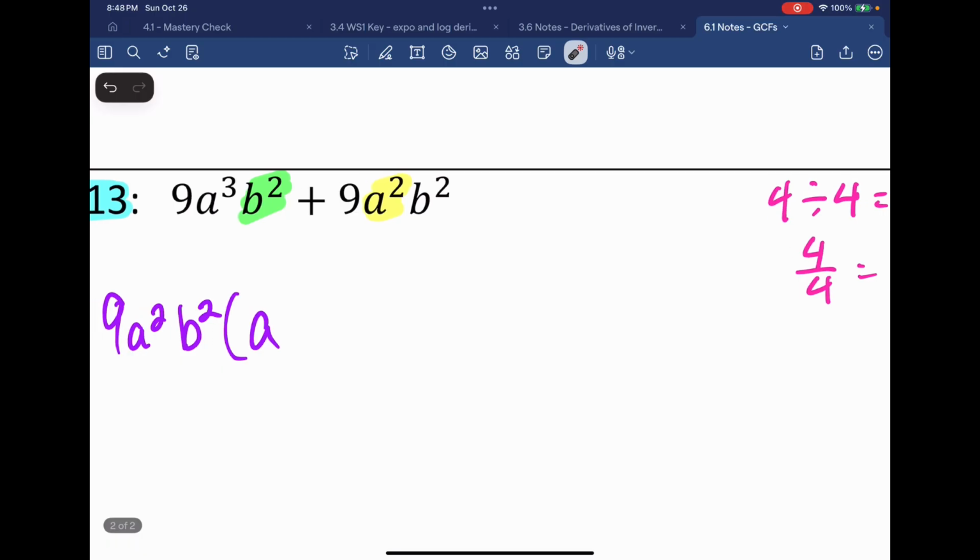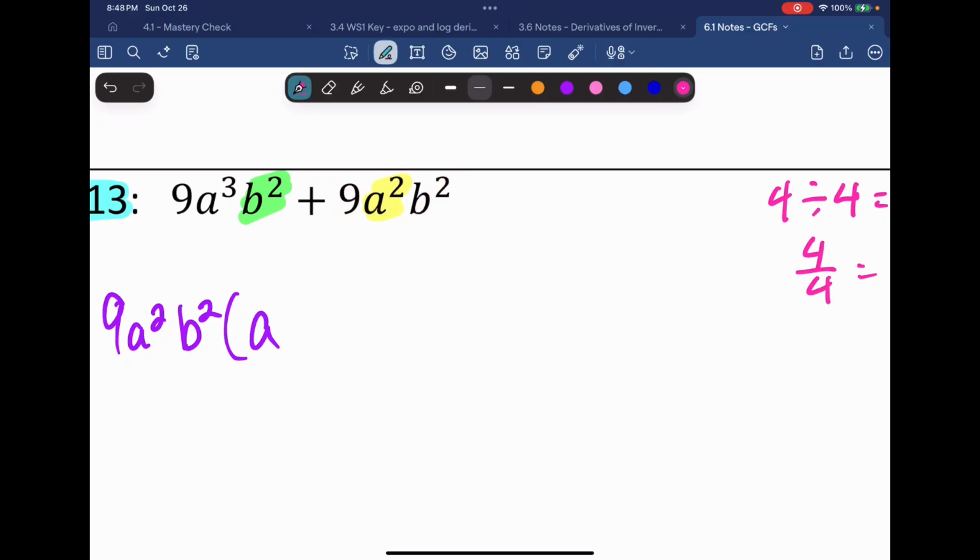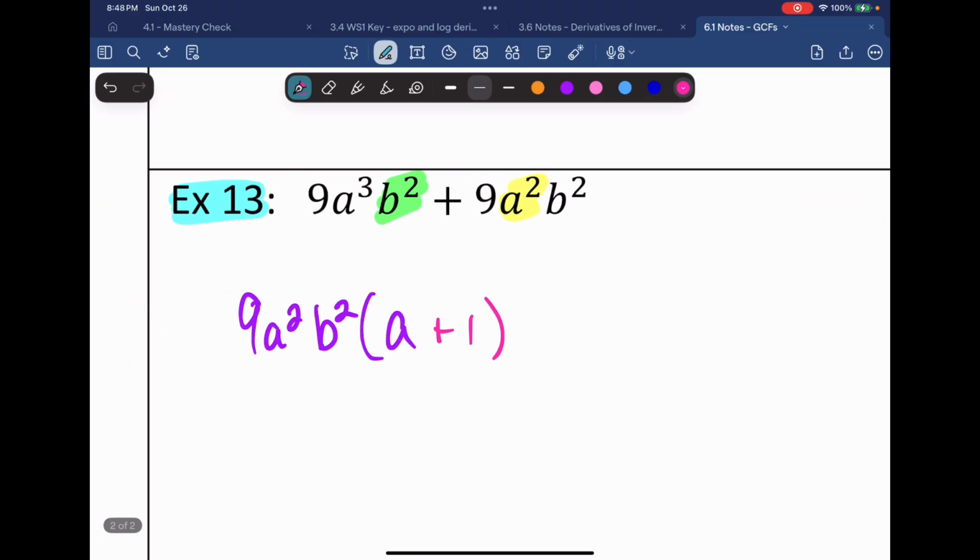So I'm dividing 9a squared b squared by 9a squared b squared. Yes, it cancels, but what it really does is reduce to 1. So this piece right here is what I want you to pay the most attention to. 9a squared b squared divided by itself is 1.